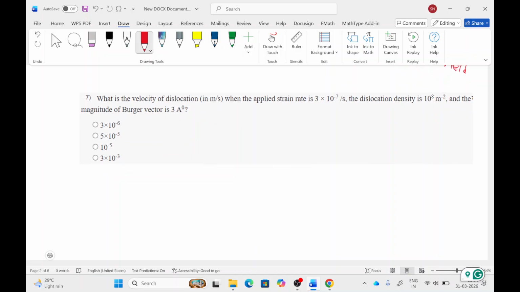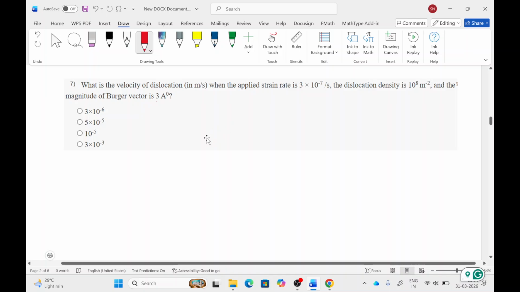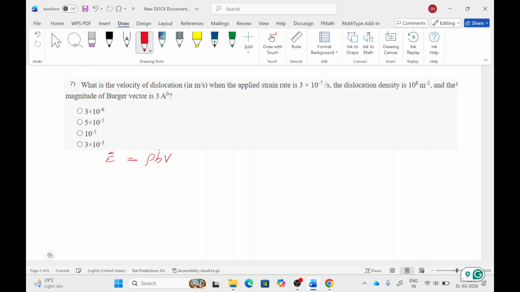So next question, it is asked what is the velocity of dislocation when the applied strain rate is 3 into 10 raised to the power minus 7 per second. The dislocation density is 10 raised to the power 8 per meter square, and the magnitude of Burgers vector is 3 angstrom. So the relation with strain rate and dislocation density and velocity is given as epsilon naught equals rho b v.